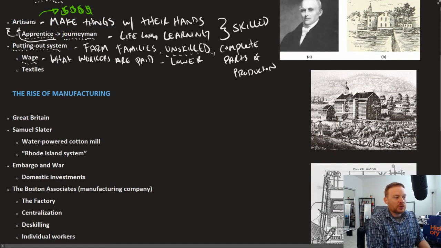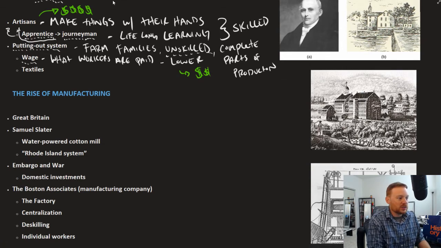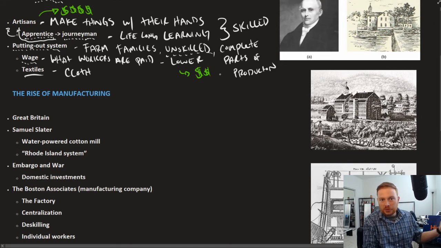Whereas when you employ the putting out system, because they're unskilled, you can maybe only pay them $2. So it cuts the costs. And textiles, which is cloth, so anything made out of cloth, your clothing, tablecloths, curtains, whatever it is, was one of the first industries to be profoundly affected by this.